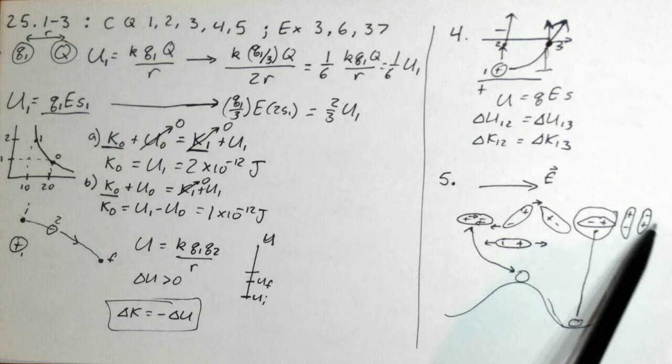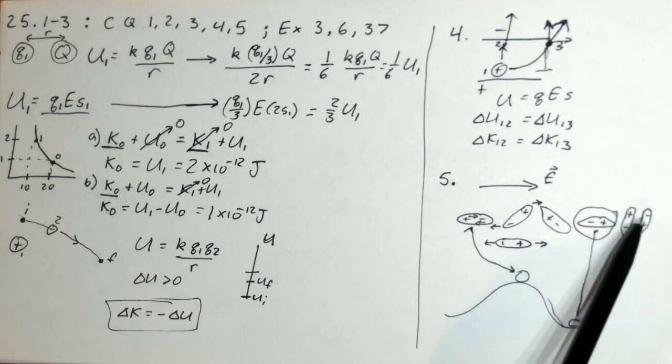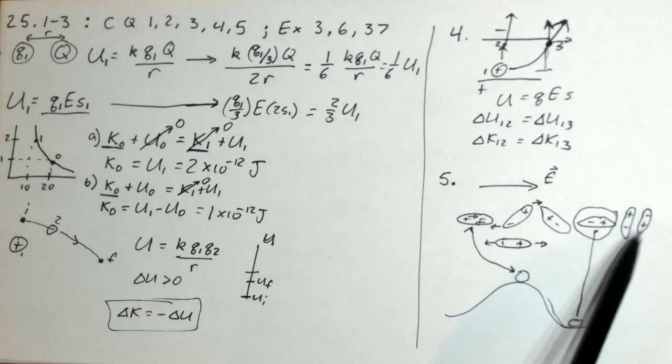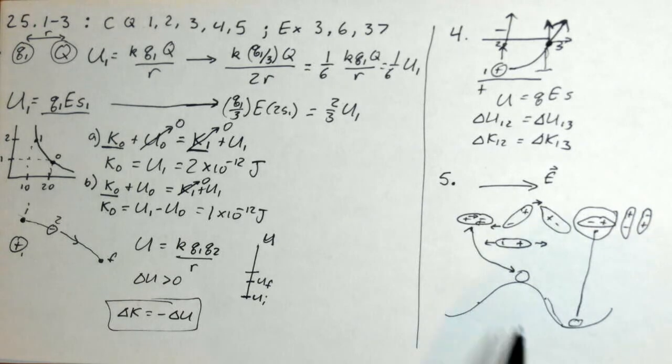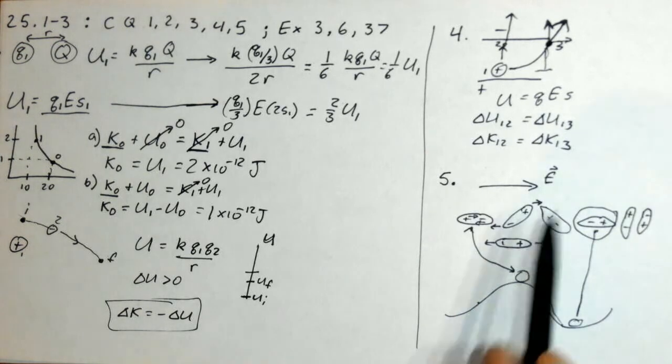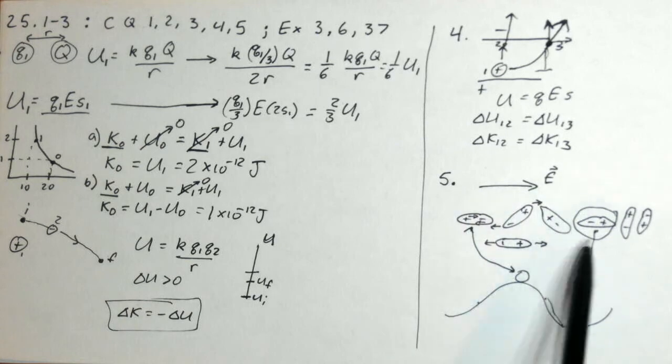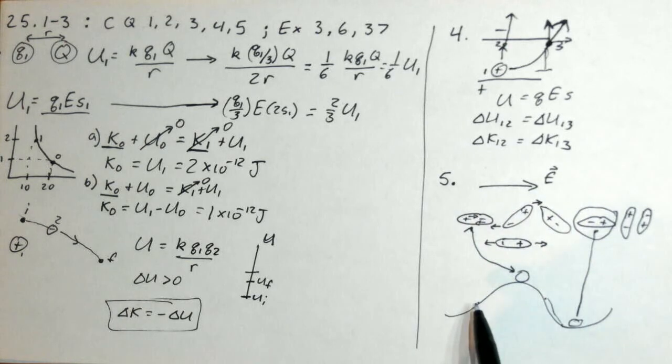This one would want to flip that way, this one would want to flip this way, but it doesn't matter which direction they flip. That's like being on the hill over here or being on the hill over here. It doesn't matter. So with that in mind, the main idea is that these want to align with the electric field, with the positive in the direction of the electric field. So now how do we rank these?